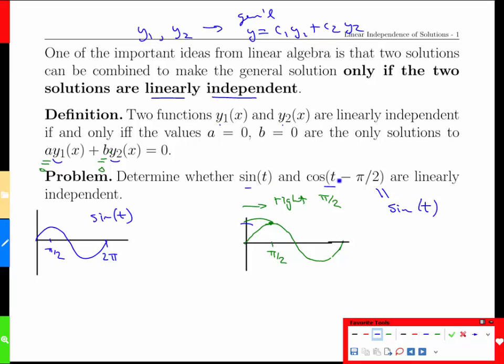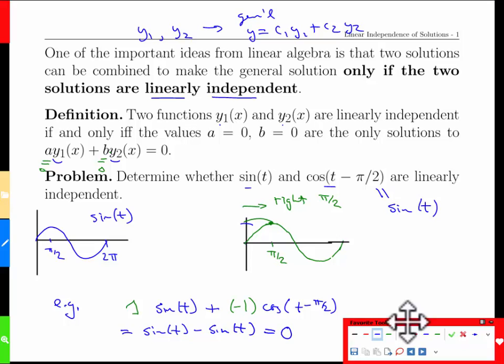So if we ask, are sine of t and cos of t minus pi over 2, the shifted version of cos, linearly independent? Are they really? Well, of course they're not very different because they're actually identical. And what we can do is take one sine of t. So what we're trying to do here is build this form here. Is there some way I can combine y1, sine of t, and, well, if I put -1 of this cos of t minus pi over 2, well, of course that's going to equal 0, because I'm going to have sine of t minus, well, we said that was identical to sine of t, and we're going to get a 0.